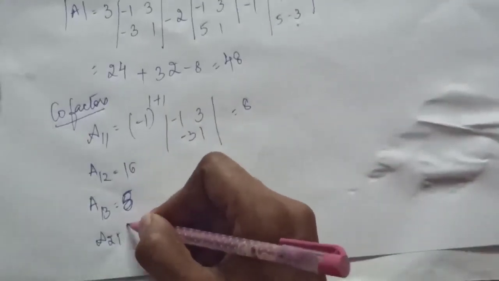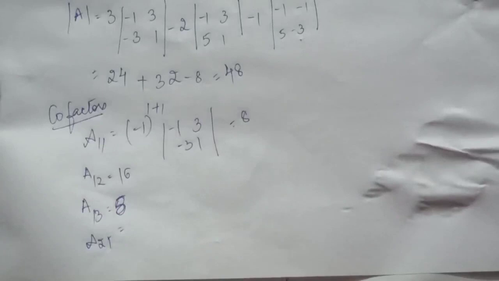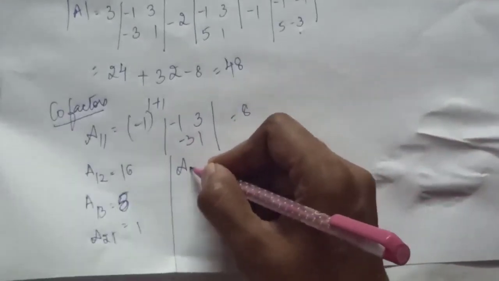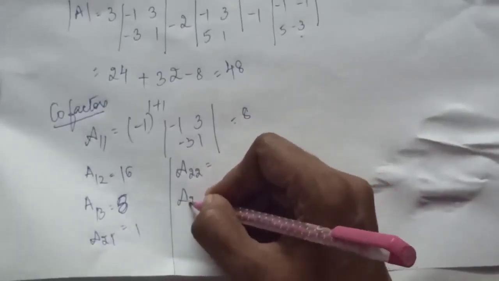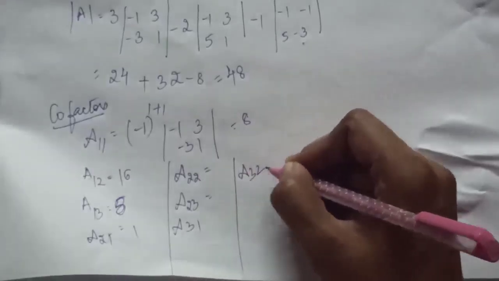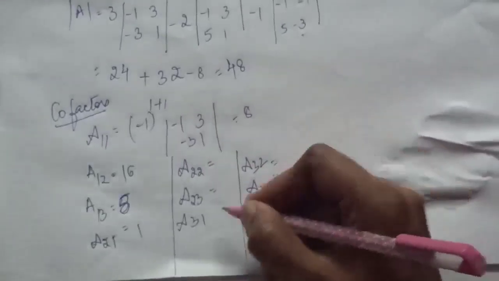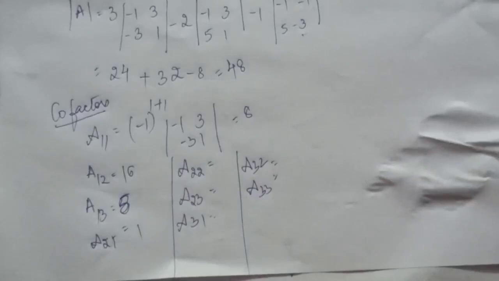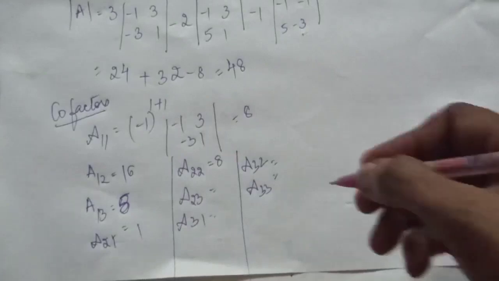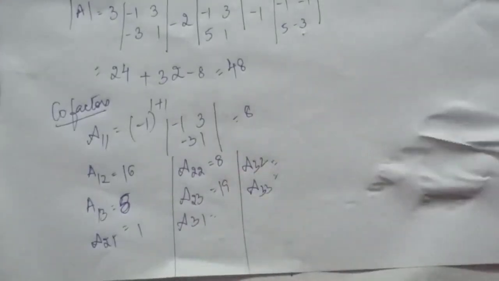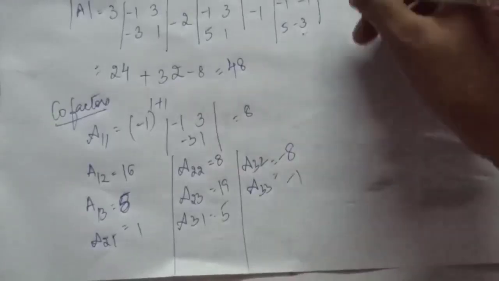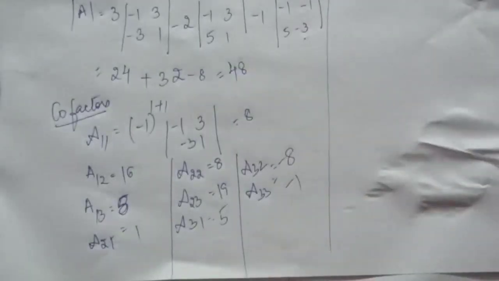Then A21 we will calculate from this matrix, then it will be 1, A22, A23, 31, 32 and 33. So A22 will be 8 and this will be 19. A31 is 5, minus 8 and minus 1. So with this our cofactors have been calculated.